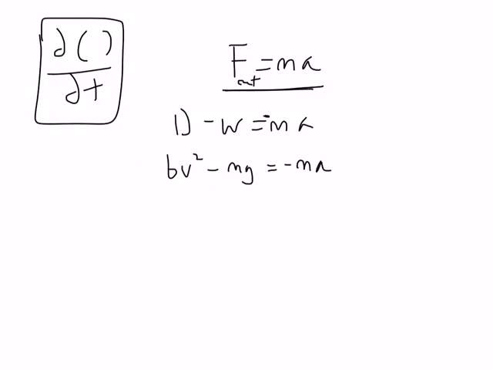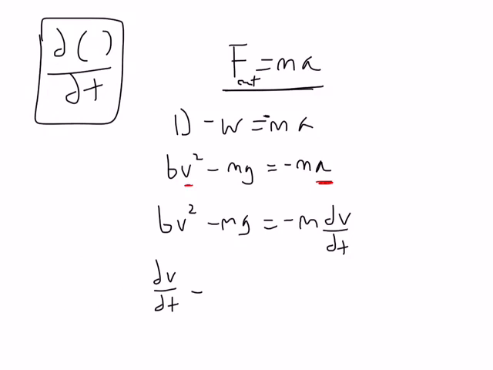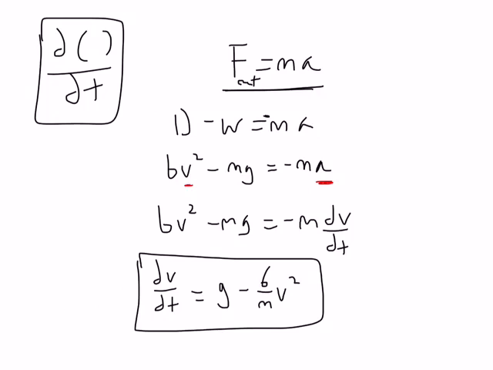There's another way to write the acceleration, related to the velocity: it's the derivative of velocity. So bv squared minus mg equals negative m dv/dt. Now we just need to get the derivative by itself. So dv/dt equals, if we divide by negative m, we flip the order of the terms on the other side, g minus b over m v squared. And that's the final answer.